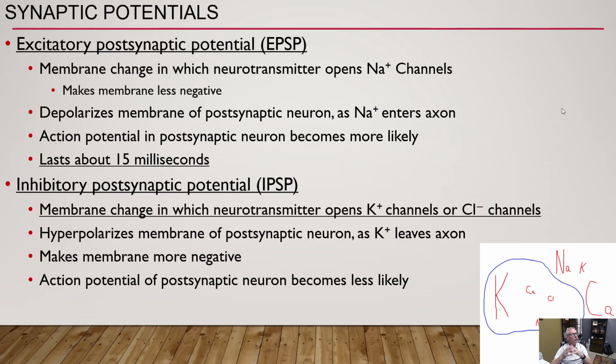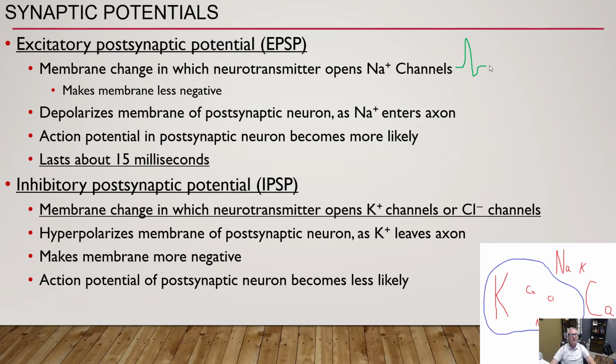All right, so excitatory postsynaptic potentials, EPSPs, and inhibitory postsynaptic potentials, IPSPs. So this is excitatory. If you remember, on our depolarization side, that's sodium, and our repolarization side is potassium.